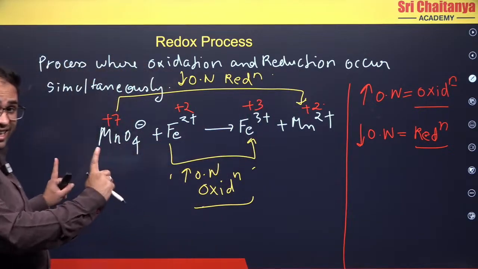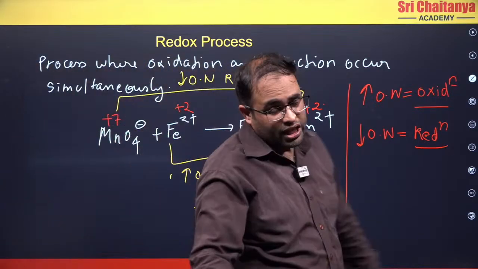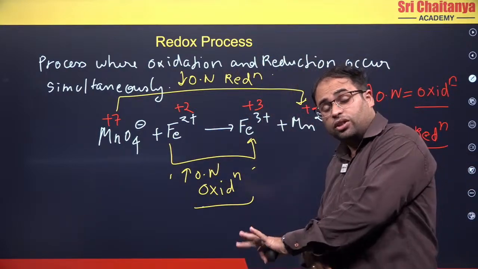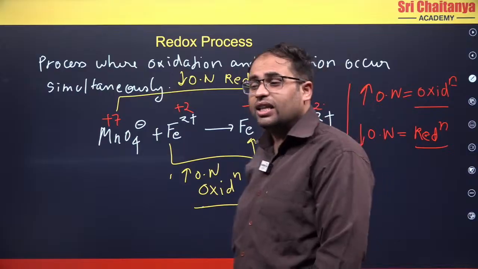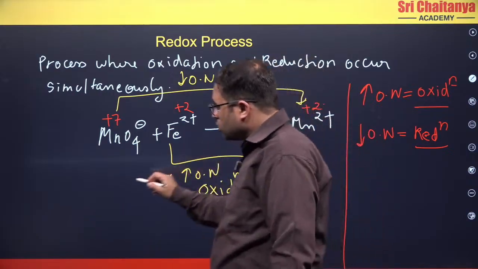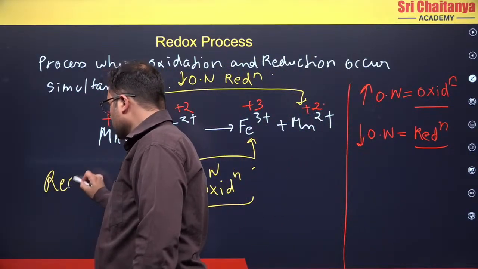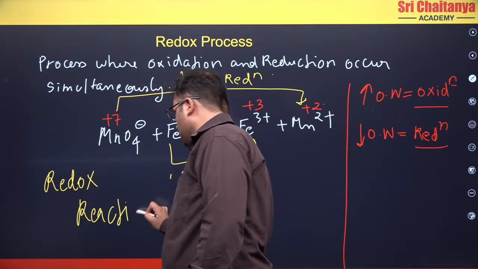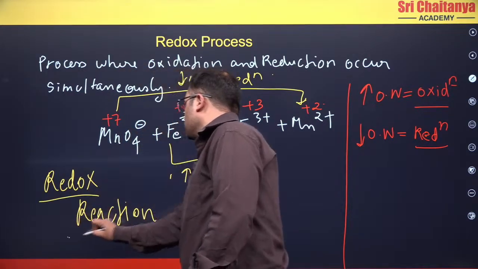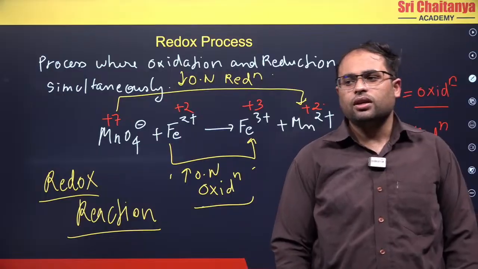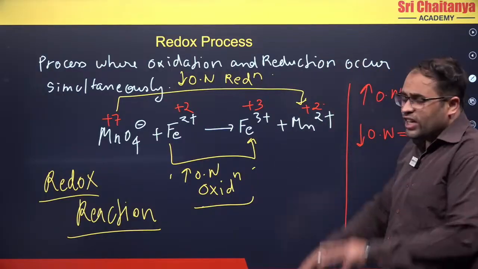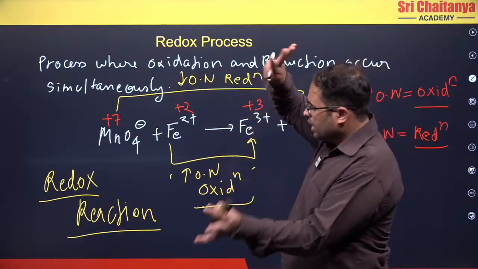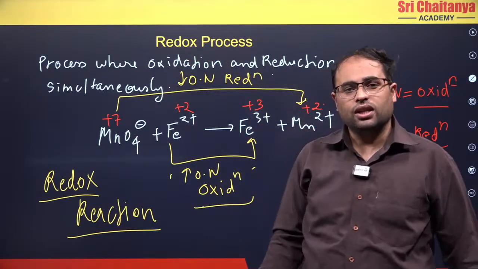And this single reaction in which oxidation and reduction both are occurring in the same reaction, this is called a redox reaction. A redox reaction, right? So everything which we have studied till now actually gets focused in this.